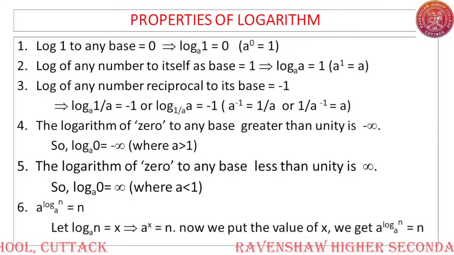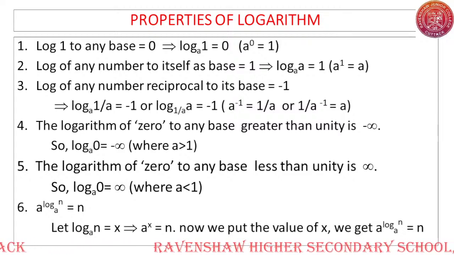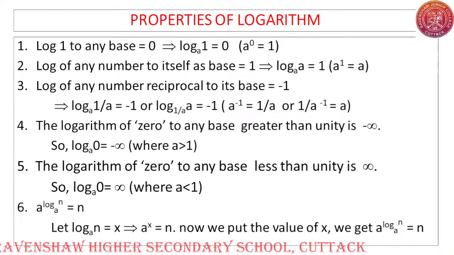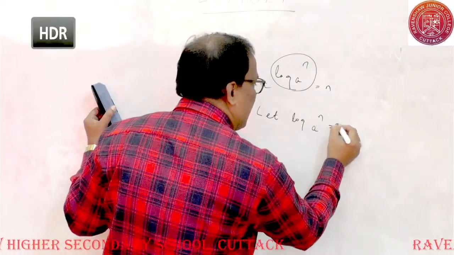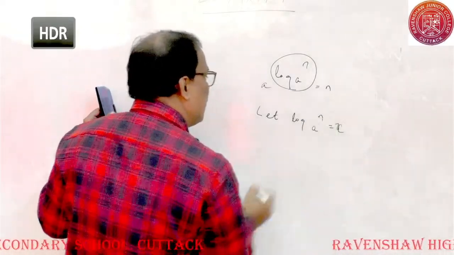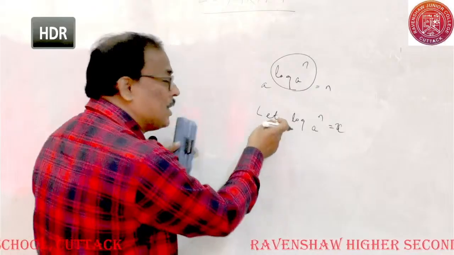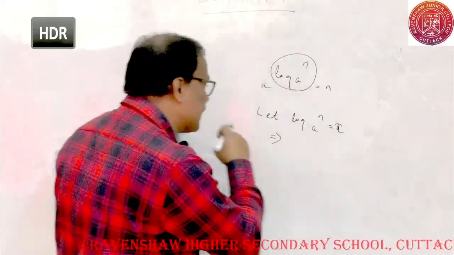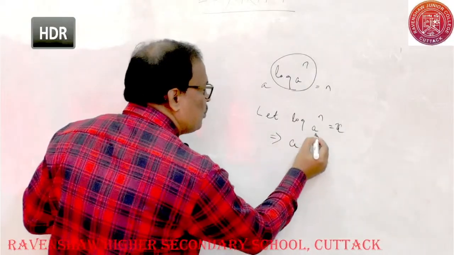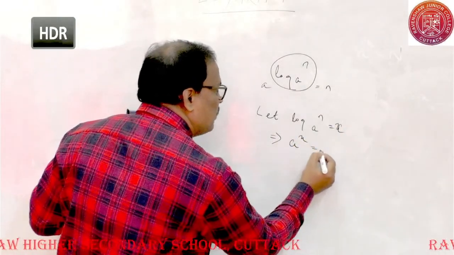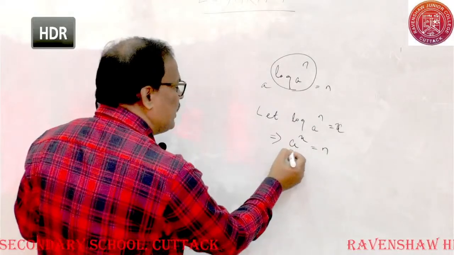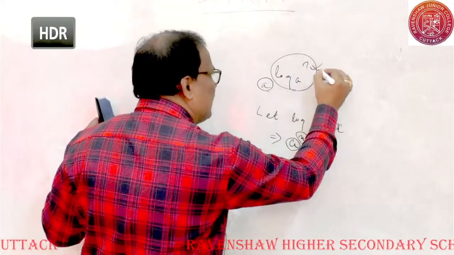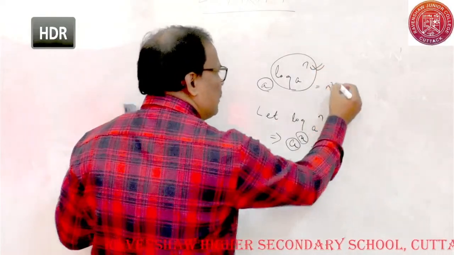Let log n to the base a be equal to x. Then in exponential form, a to the power x is equal to n.